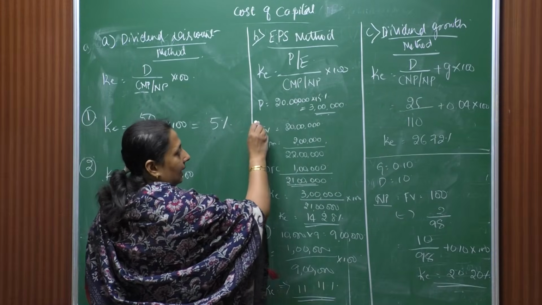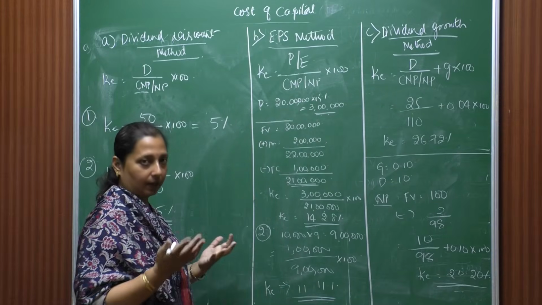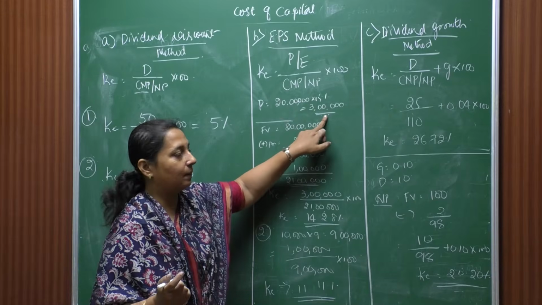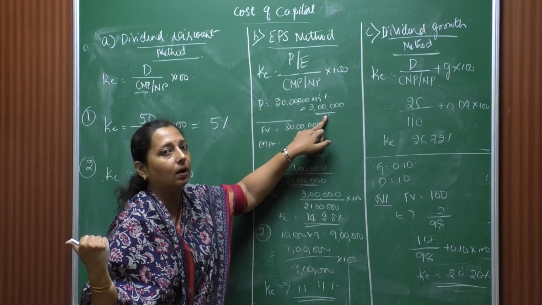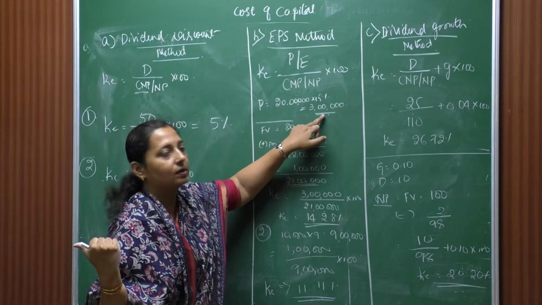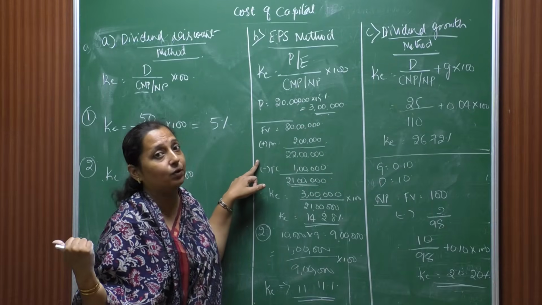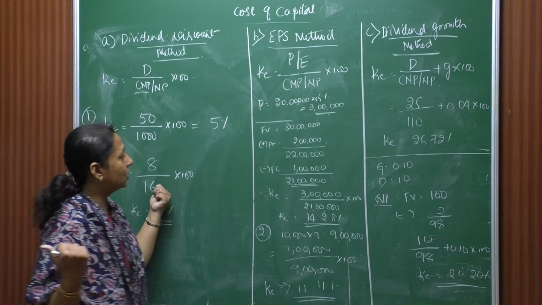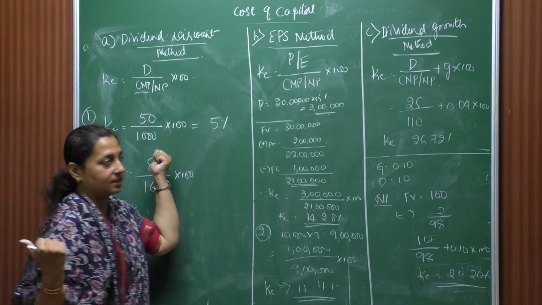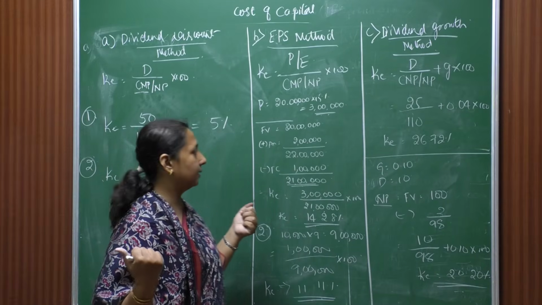Step 1, calculation of profit or earnings, 20 lakh into 15%, 15% specified in your question. So, that is 3 lakh. Step 2, calculation of net proceeds, since they have not given the current market price. In the previous one they had given directly a current market price, here you need to calculate the net proceeds.